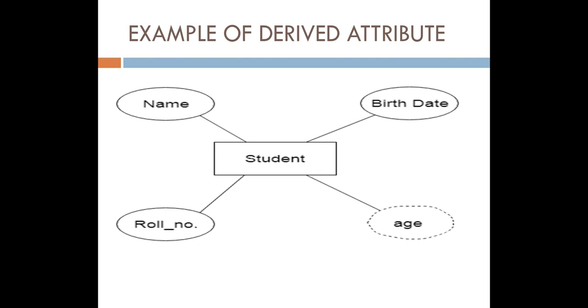We have to take the help of the birth date attribute and the value of the current date to calculate the age. So the age attribute is a derived attribute which depends upon the birth date attribute. Here we are representing age as a dashed oval shape to represent the derived attribute.